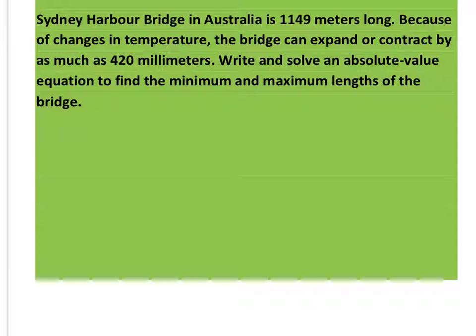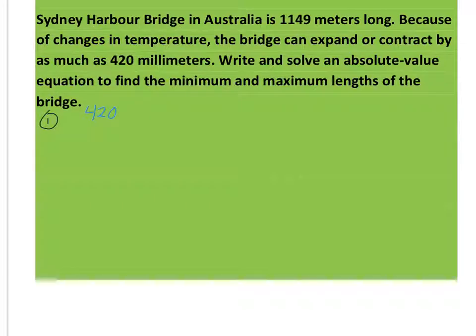So first of all, we're dealing with millimeters versus meters. So we have to convert millimeters into a portion of a meter. So let's just start there. So step 1, I'm going to take 420 millimeters and convert it. Well, how many millimeters are in a meter? Milli meaning 1,000. So there are 1,000 millimeters in every meter.